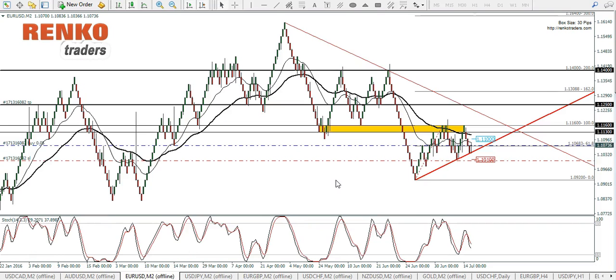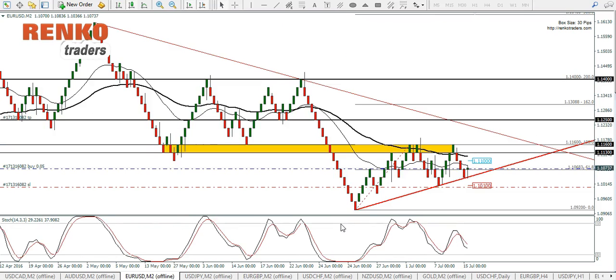Bear in mind that you've got the ECB meeting coming up this week on Thursday, so that could probably be the catalyst for prices to push higher. On the flip side, a breakout below the rising trend line could potentially see 1.092 being tested once again.